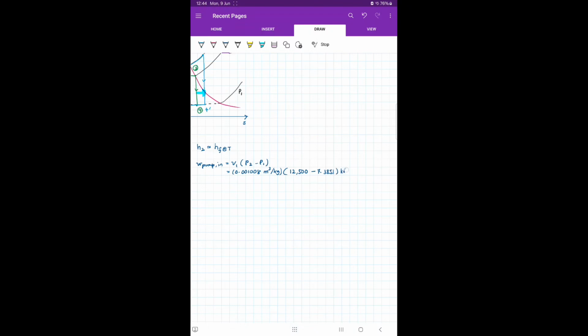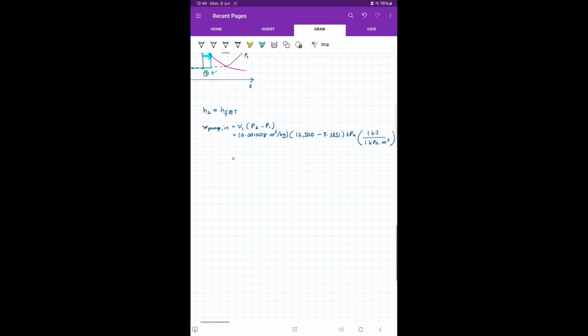Then I need to multiply with a conversion factor, 1 kilojoule equals 1 kPa multiplied by meter cube. Punch in this number, and you would get the work required by the pump is 126 kilojoule per kg.